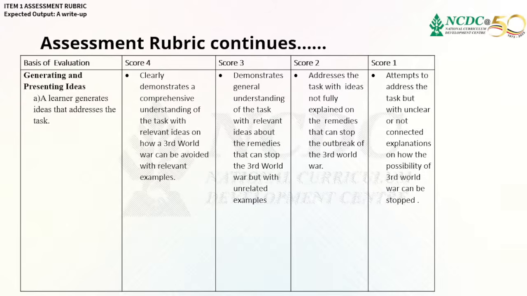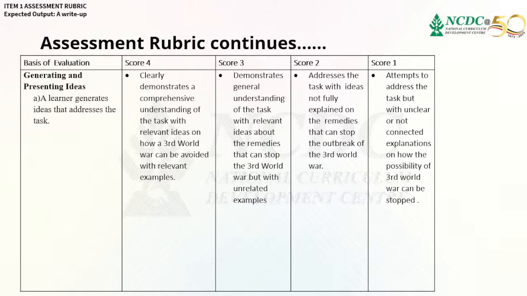The person who will get 4 will clearly demonstrate comprehensive understanding of the task with relevant ideas on how a Third World War can be avoided, with relevant examples. The learner who will score 3 will demonstrate a general understanding of the task with relevant ideas about remedies that can stop the Third World War, but with unrelated examples.